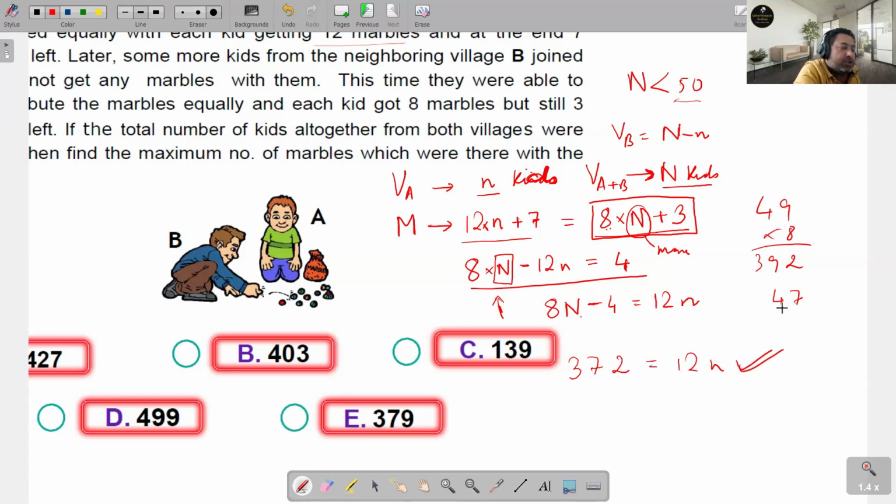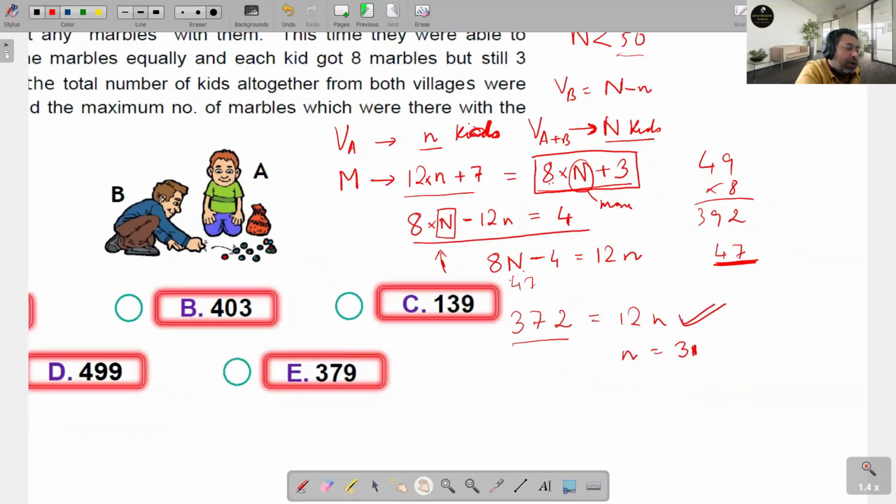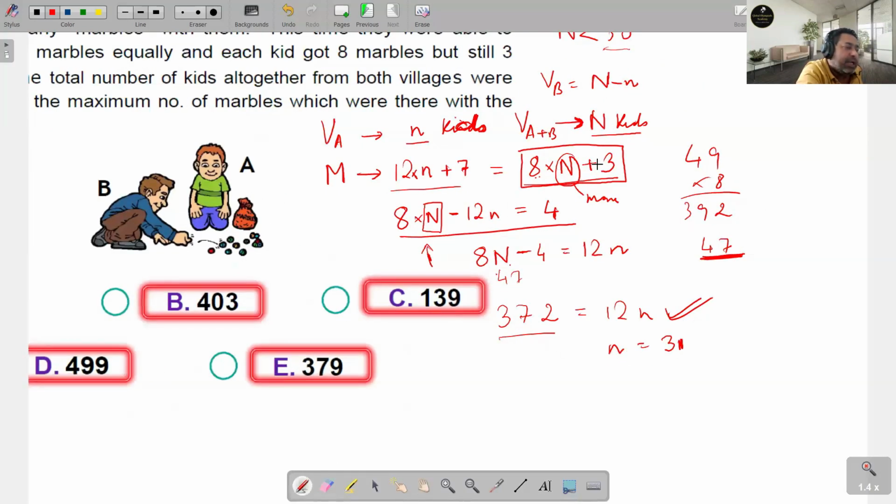This one checks the box. So if n is 47, then this one is 372, which means that n will become 31. So the total number of marbles in that case will be 8 times 47 plus 3, or we can say 12 times 31 plus 7.